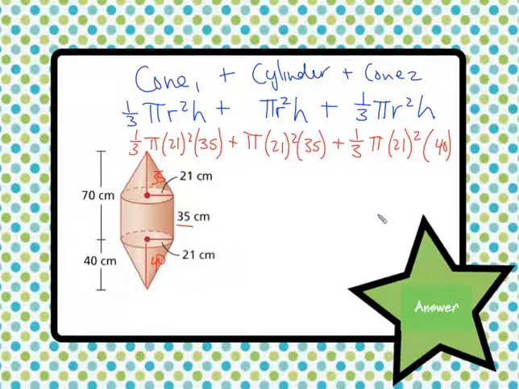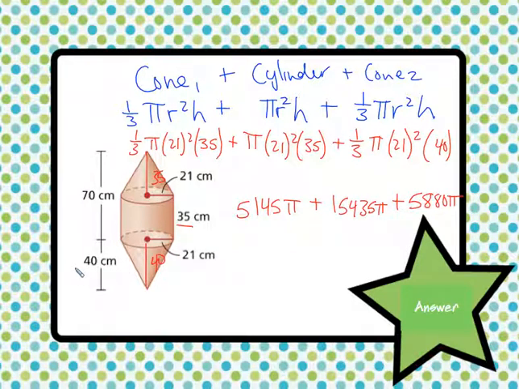So 21 squared times 35, and then times 1/3, for the first one gives us 5,145 pi. That's for this part right here. Plus 21 squared times 35, 15,435 pi for the middle one. And then 21 squared times 40 times 1/3 is 5,880 pi for the last one.